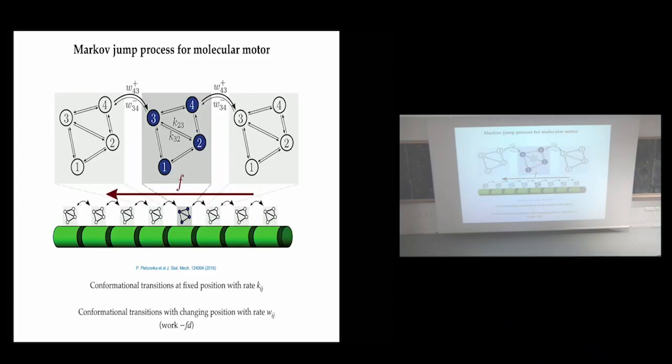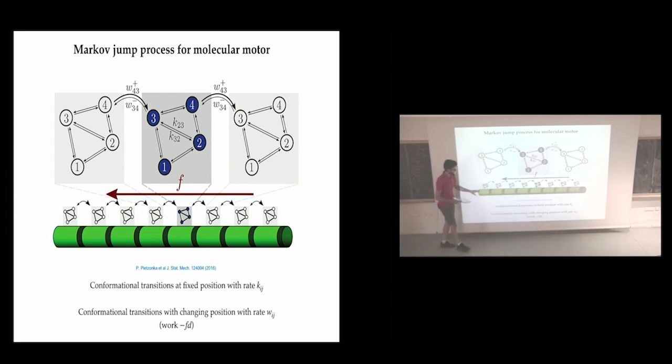Okay, so this is one example of a very simple model of a motor protein. This is kind of the schematics. This is a Markov-Jump process for a molecular motor. We imagine motors like myosin, something that is moving along a track, like a microtubule.